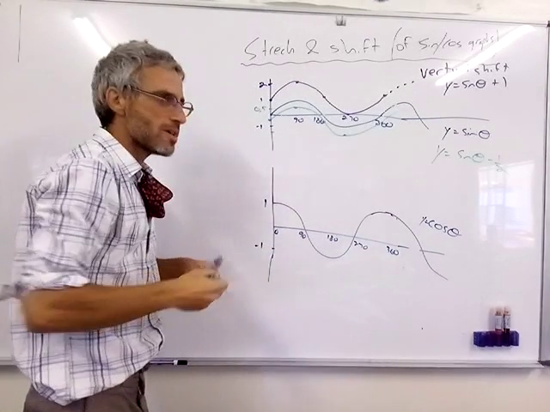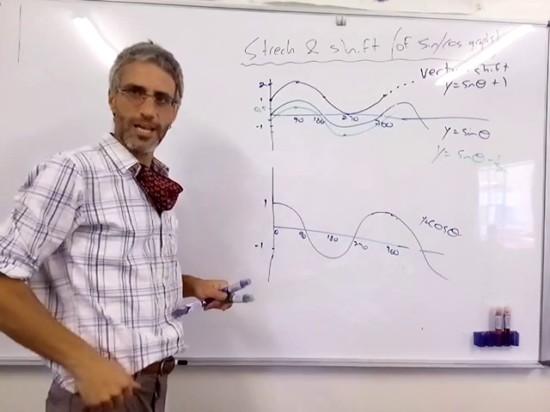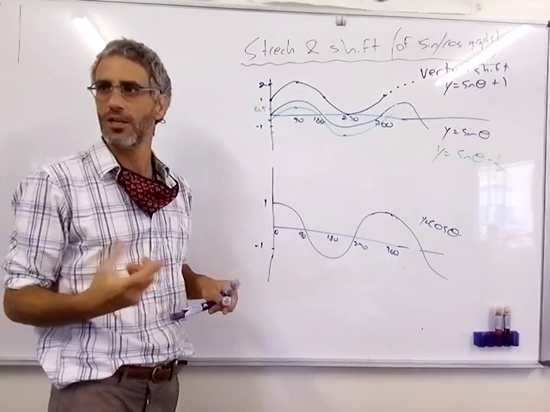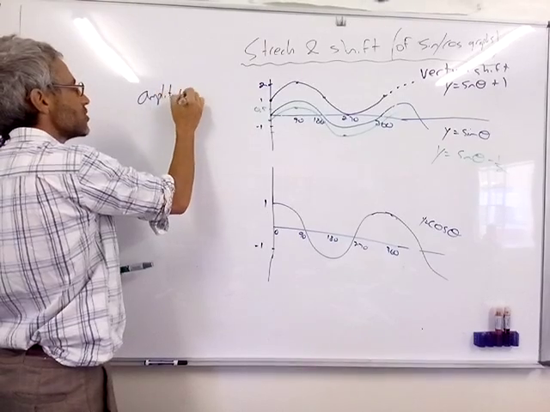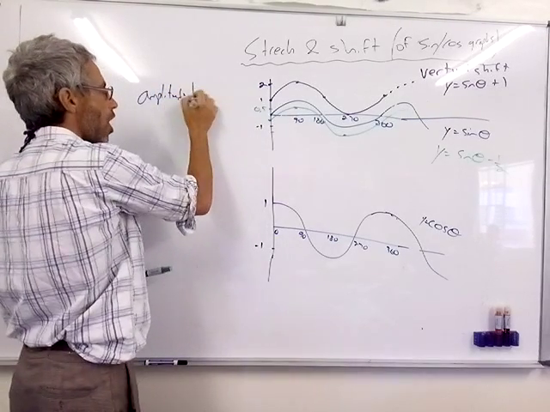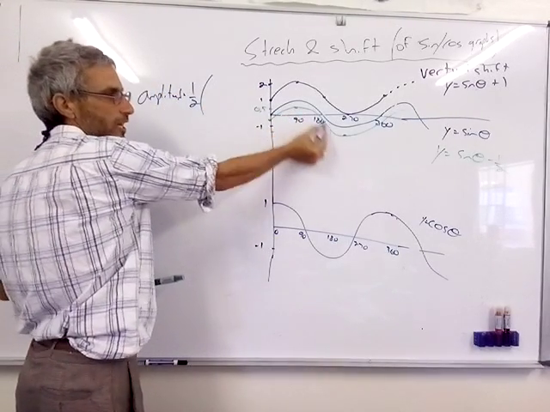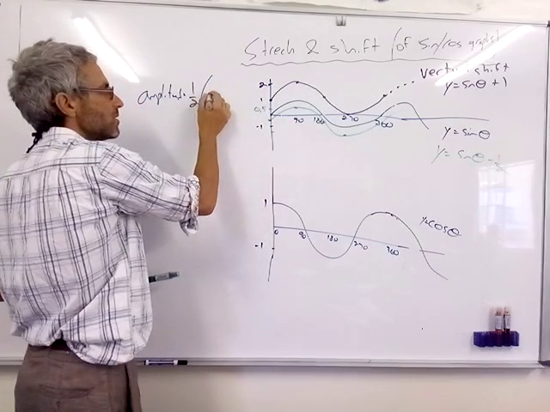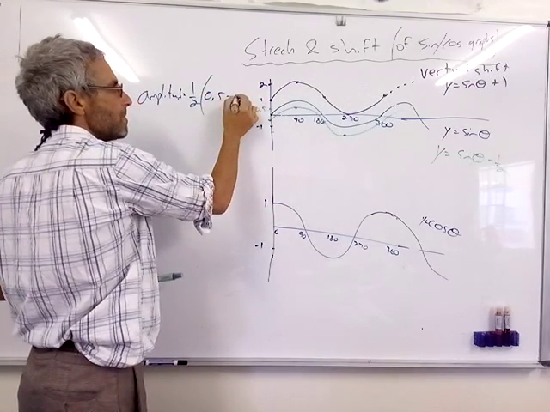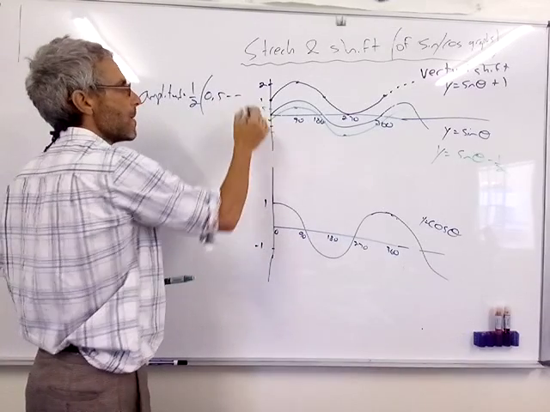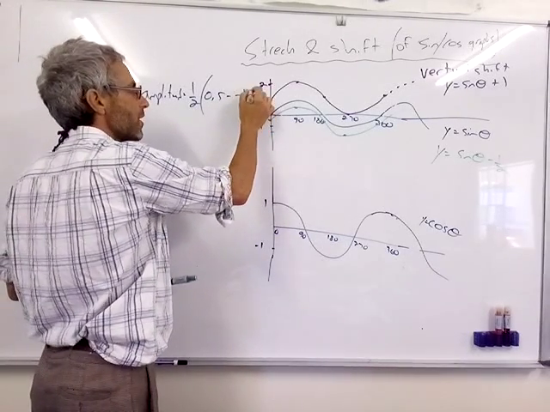So maybe the definition from the textbook is the easiest way to calculate the amplitude. And I'll show you why. So the amplitude in this case will be half times the maximum minus the minimum. I'm looking at the green graph. What's the maximum? 0.5. And the minimum? Minus 1.5.